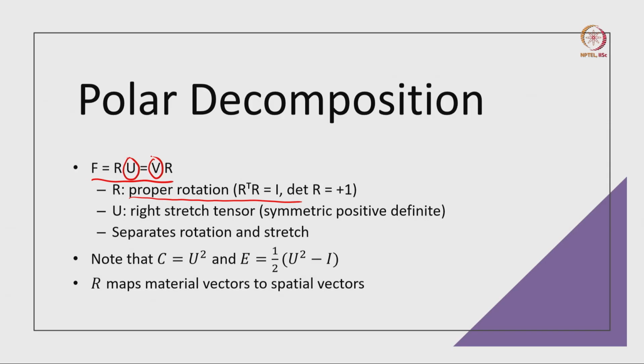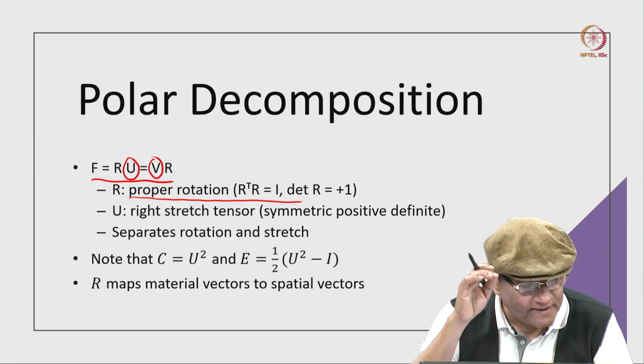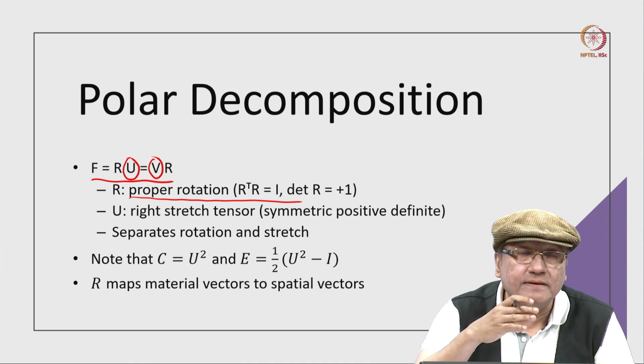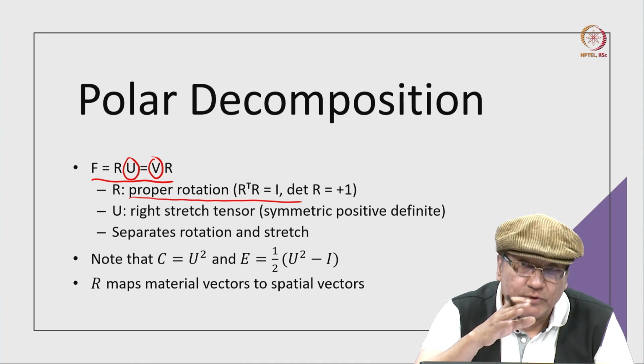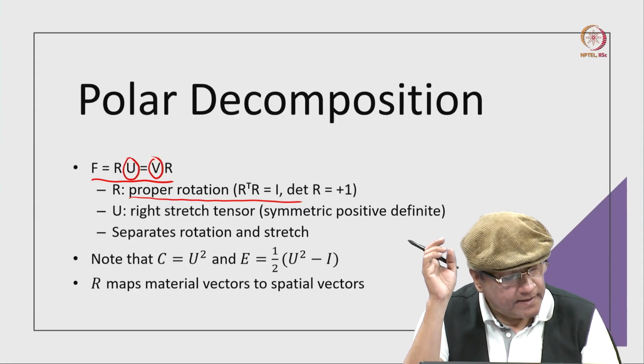The important thing to understand is that while R is an orthogonal tensor, U and V are symmetric positive definite matrices. I will be using the words matrix and tensor in an equivalent manner, so whenever I say matrix, unless it is in some other context, it will always be a tensor, a kind of multilinear transformation.